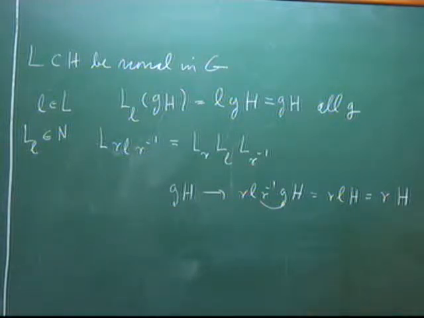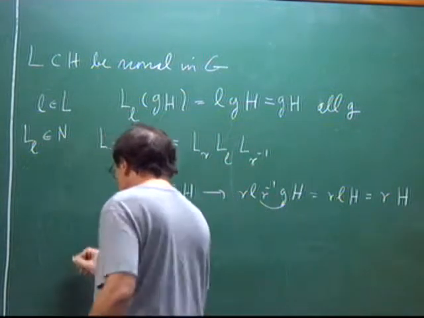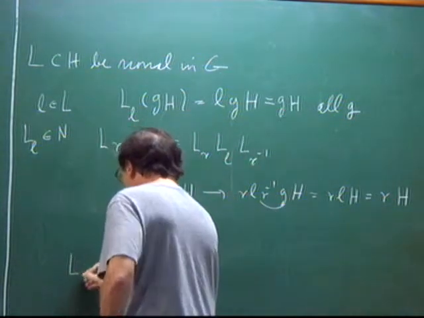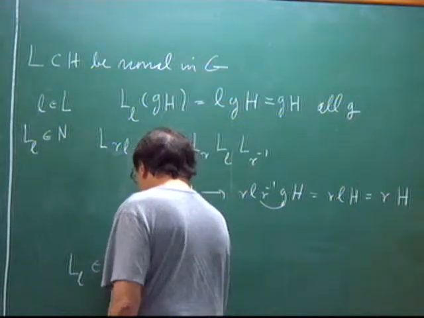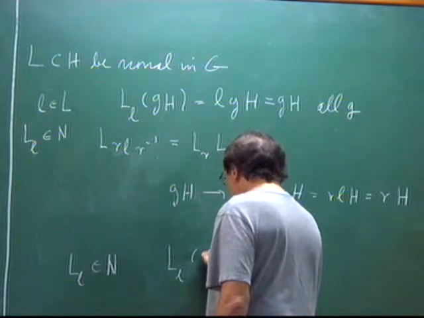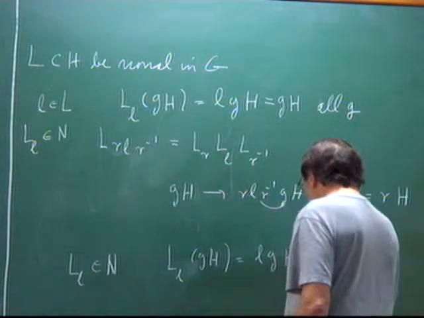You want to put the first line, but the left action is identity by an element in L. Ah, yes, that's what I want to prove. I want to prove that this lies in the ineffective kernel. This is lgH.